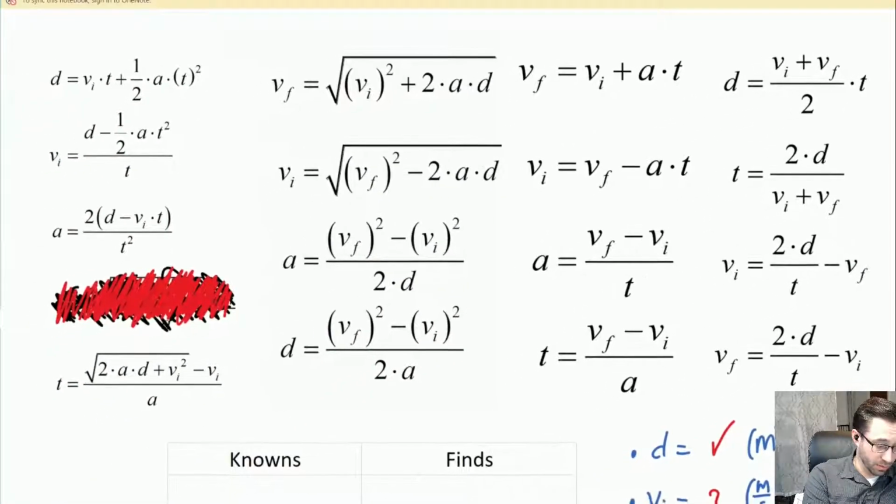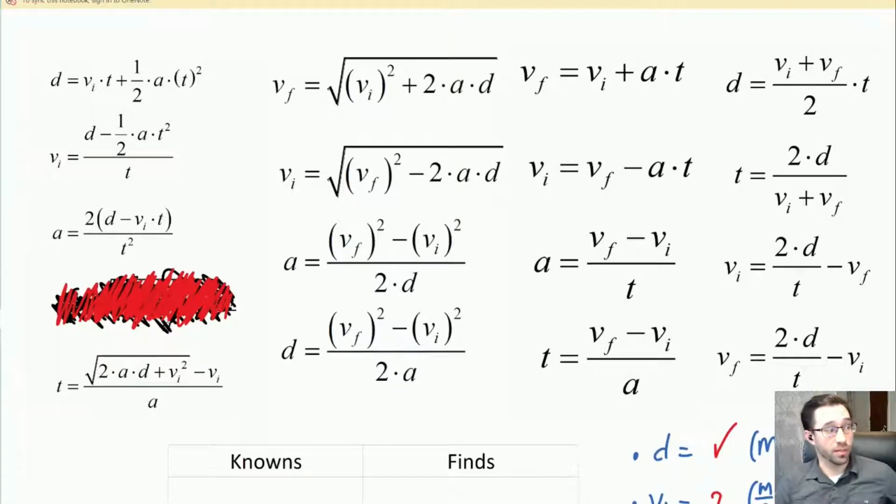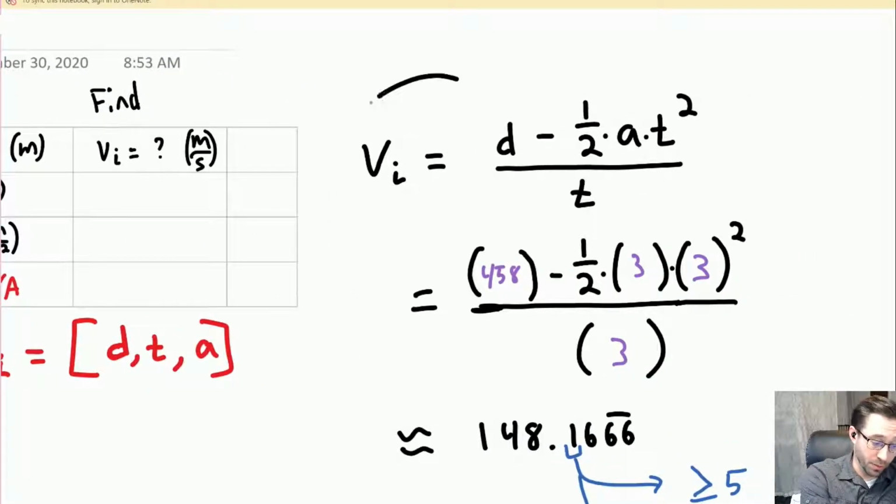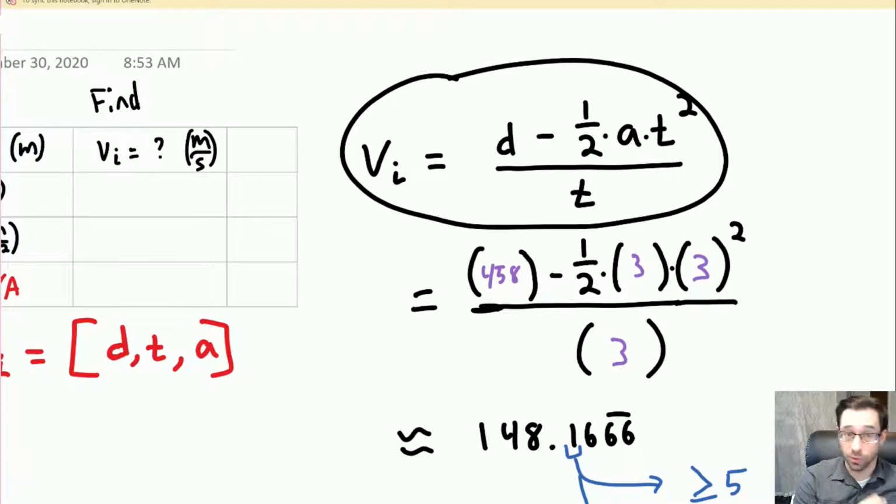So all you have to do is figure out which of these equations you need to actually use. Once you figure that out, after you've narrowed it down, you rewrite the equation just to ensure that you didn't miss anything, those missing squares, square roots, or any of that kind of mess.